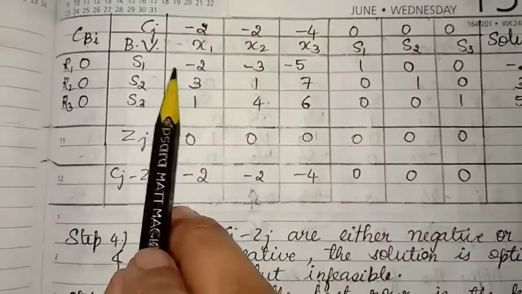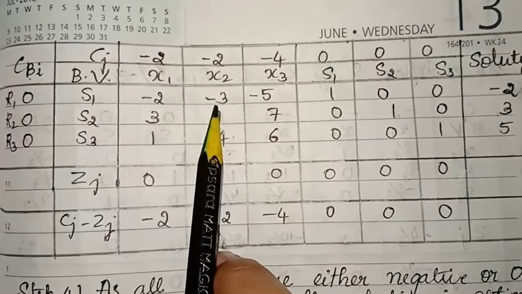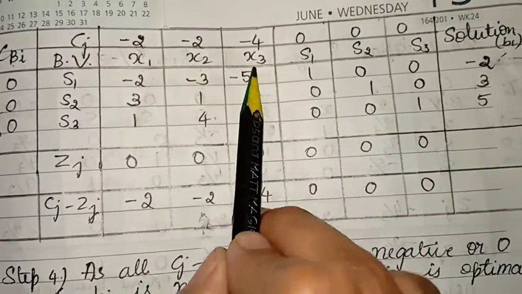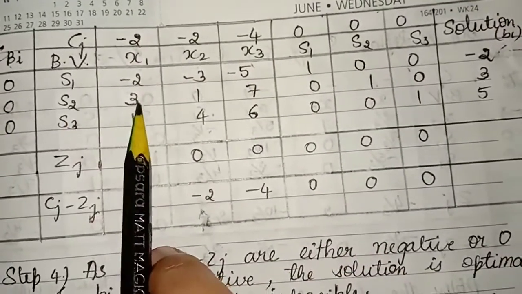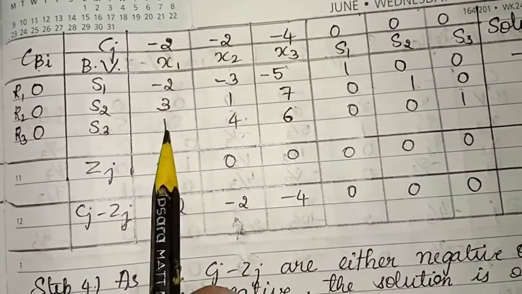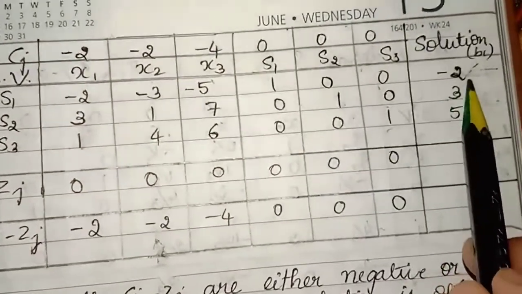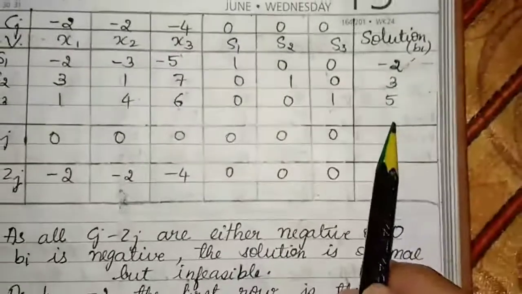Here you write the coefficients of all the equations: minus 2, minus 3, minus 5, and for the slack variables 1, 0, 0. Similarly, for the second it is 3, 1, 7, 0, 1, 0, and for the third equation the values are 1, 4, 6, 0, 0 and 1. The solution is minus 2, 3 and 5, which you write in this form.